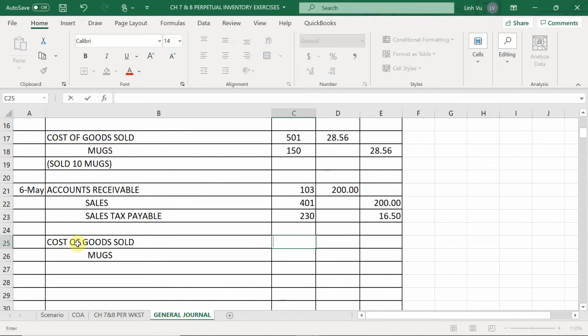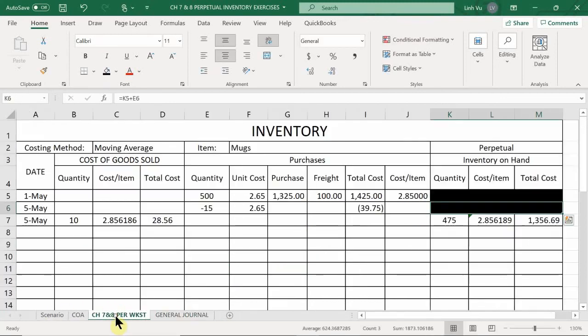Hold on, cost of goods sold was account number 501 and inventory is 150.